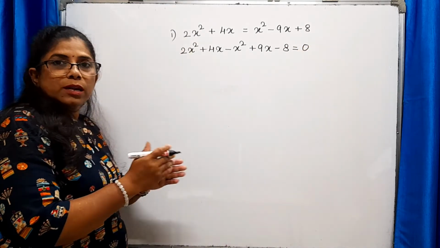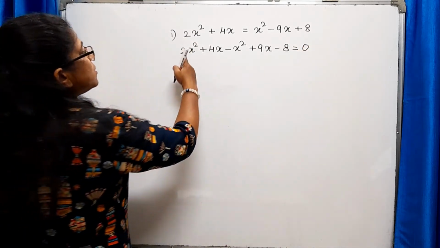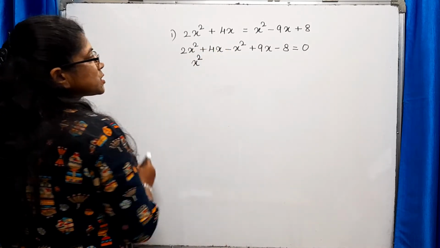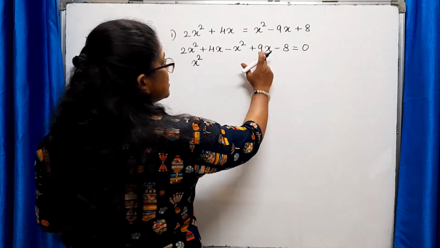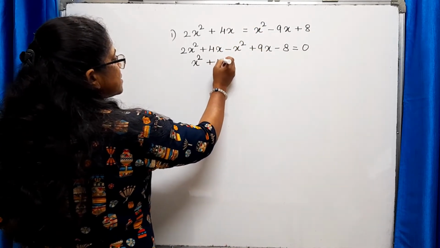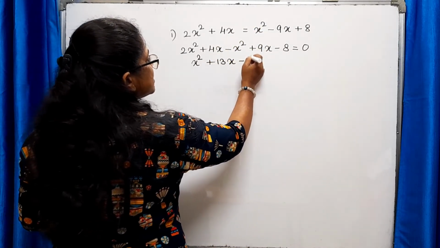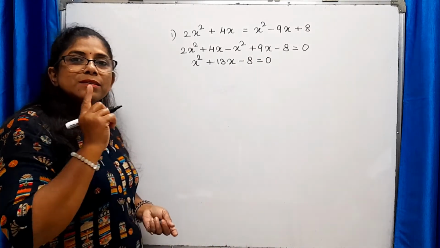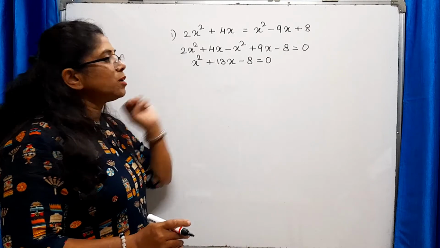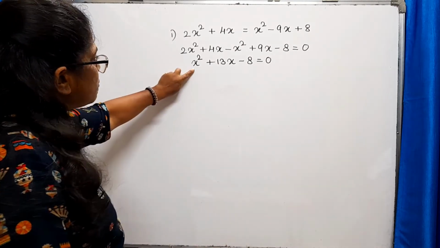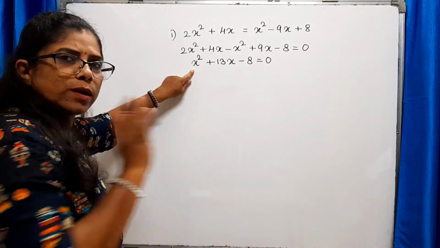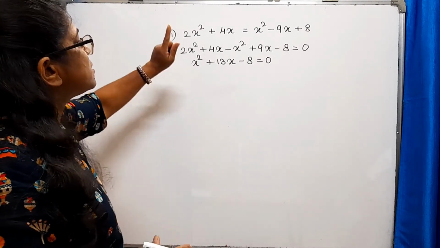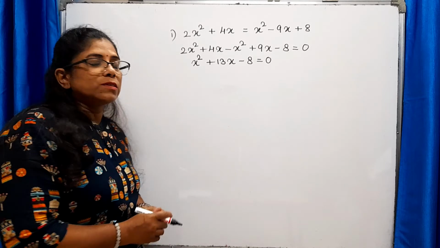Let us check for like terms to simplify. 2x square minus x square is x square. 4x plus 9x is 13x minus 8 is equal to 0. Yes, this is the quadratic equation because we have x square term. Check for square term. Square term must be there, then and only then the equation is quadratic equation.